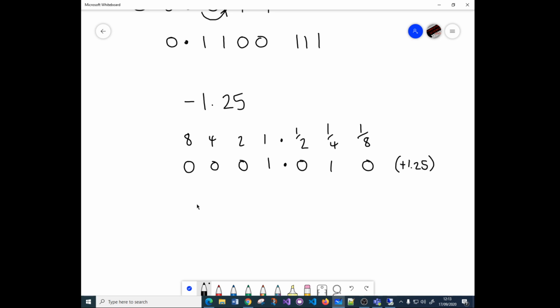The fact that there's a binary point there, I don't care about that. I'm just going to do 2's complement. So I'm going to flip, flip, flip. I'm trying to be clever and do it quick, so I'll mess it up. Flip, flip. The very last one, keep as a 1. Everything else should then be a 0. If you don't find that everything else is a 0, then it wasn't the last one. All right? So that is now minus 1.25.